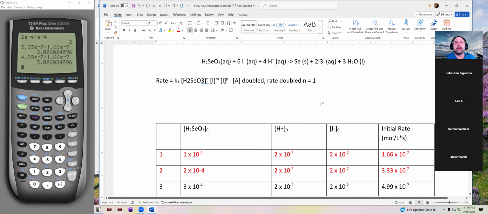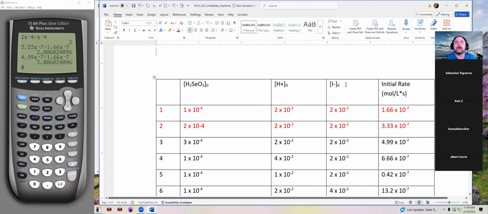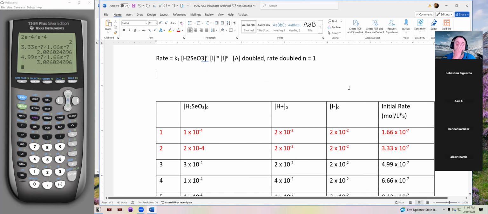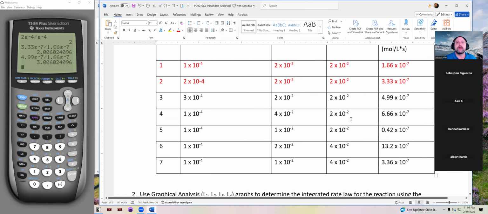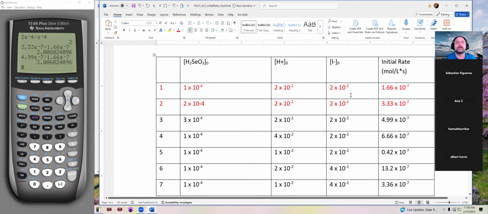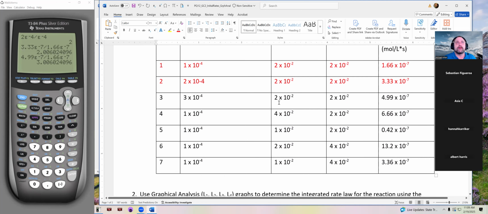So I've got I here and H there. Oh, they threw us a little sneaky. So as I'm looking through this, I want to find a place where this I changes, but nothing else. And so it has to be something between the top section and the bottom section.